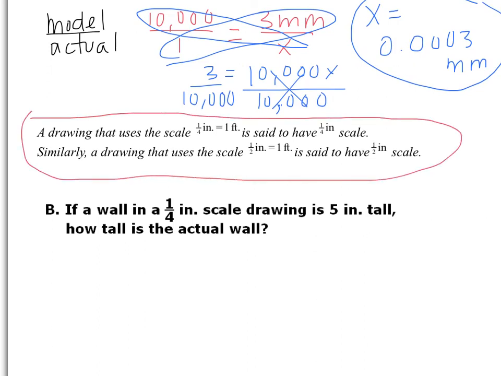So for letter B, if a wall in a 1/4 inch scale drawing is 5 inches tall, how tall is the actual wall? Okay, so again, we're going to do model over actual.